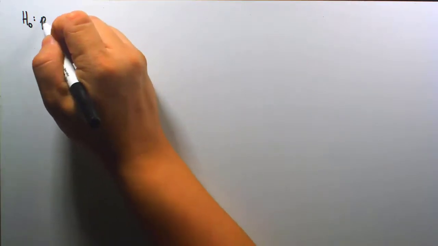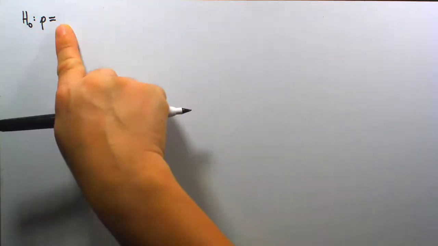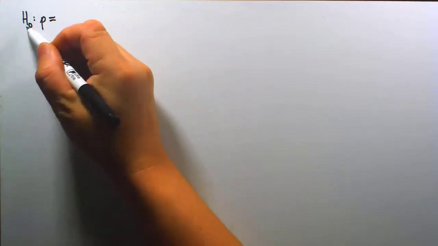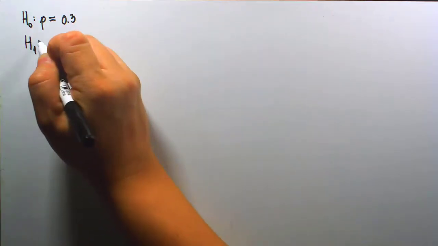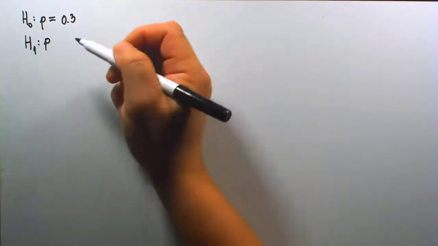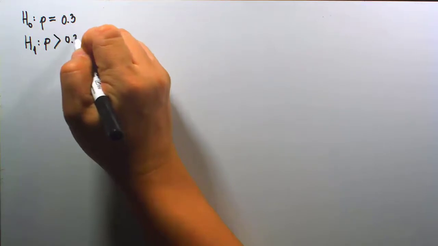So I am going to give my explanation for the steps after we have found our hypotheses. So here I'm just restating our hypothesis that h sub 0, our null hypothesis, was saying p equals 0.3. And our h1, the alternative hypothesis, was saying that the proportion of iPhone users should be generally above 0.3.